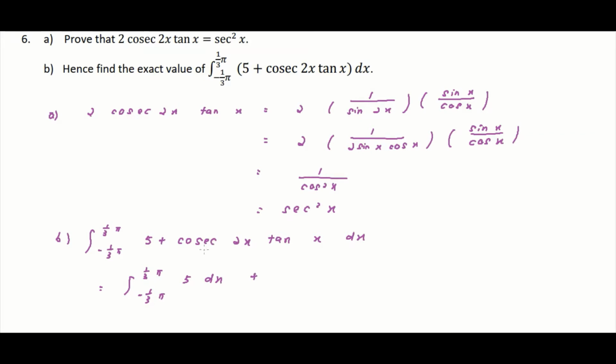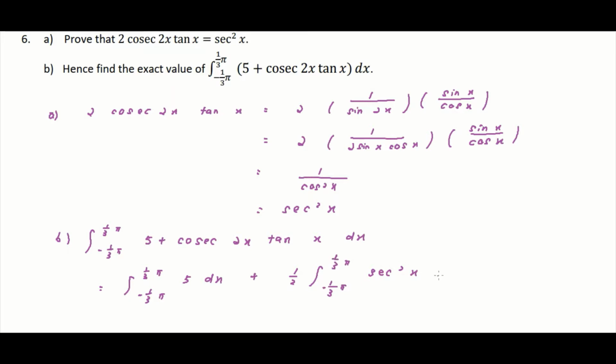Obviously you are not going to integrate cosecant 2x tangent x directly. Since 2 cosecant 2x tangent x equals secant square x, what if we only want cosecant 2x tangent x? We need to move the 2 to the right hand side, so it becomes 1 over 2. So plus 1 over 2, just put it outside, then you have secant square x. Then we can write the range.